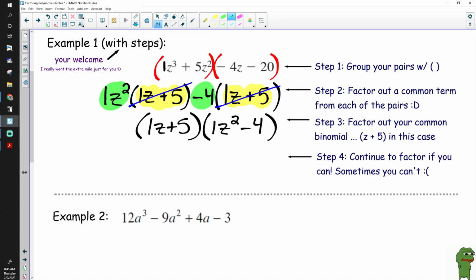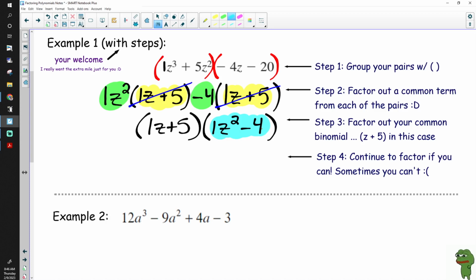Now, I wish we were done. Sometimes you are done at this point, but I'm interested in this right here. This polynomial, what is its largest exponent? It's a squared, it's a 2, right? And what do we call those? For example, if the exponent was 3, it'd be called a cubic.